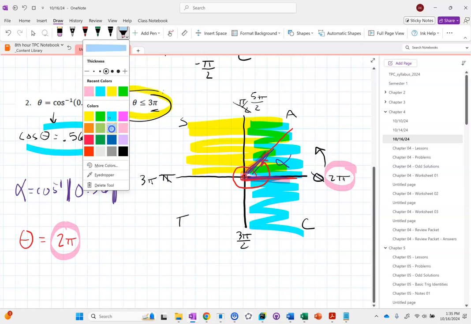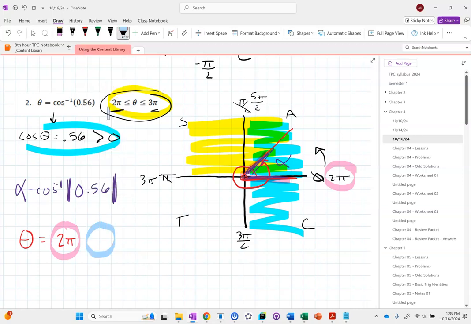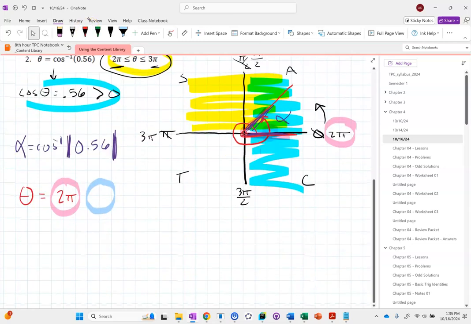To decide if I want to add or subtract, I need to look at the last axis I cross on my way to the terminal side. So that's an x-axis. So we had a couple of rules. If theta is positive and the last axis we cross is x, that means add.